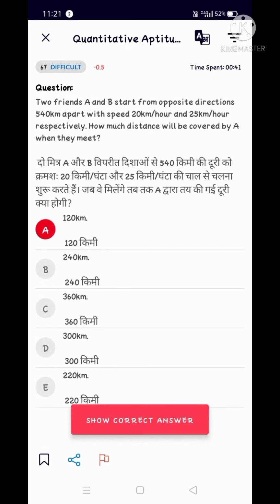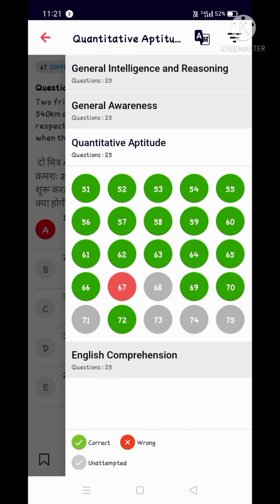Next, word problems. I didn't attempt 5 questions. There are so many reasons, because before giving this mock, I didn't revise all the questions of the maths chapter. That's why, due to the lack of practice, I didn't attempt these 5 questions, but actually the questions are easy.